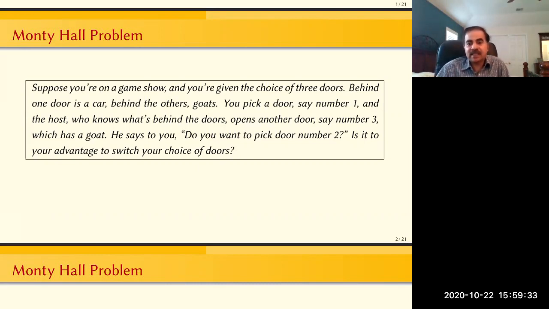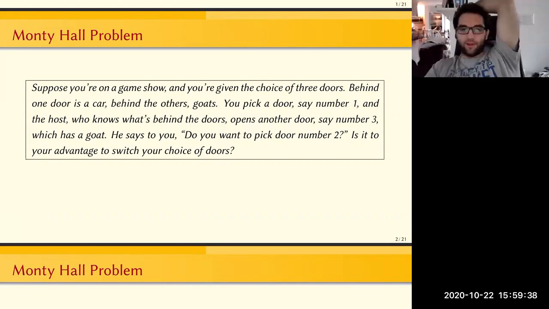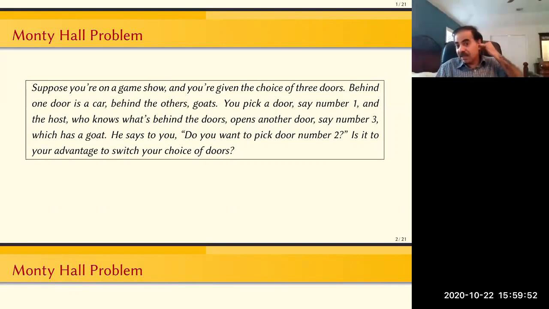What you're saying is that there is no advantage, really, because now both doors have a 50-50 chance. So I might be right. I don't remember quite how this played out, but the other theory is that when you didn't know where it was and you picked a location, you had a 1 in 3 chance of being right.